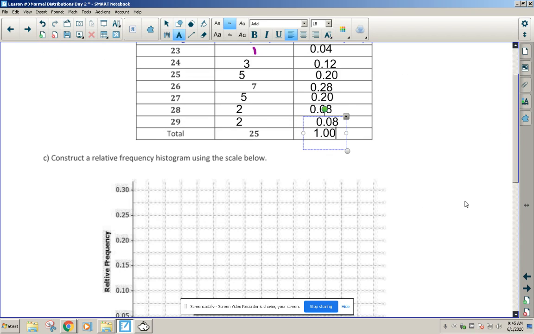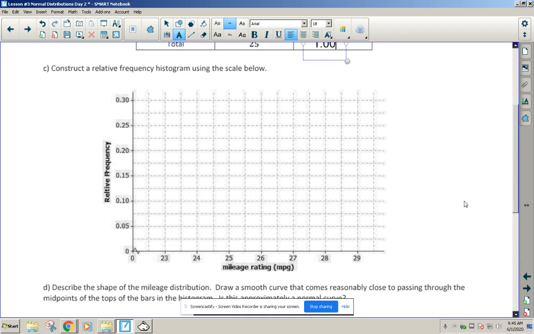And now again, pause the video and see if you can make yourself a nice histogram. I'm going to do that now with my data.